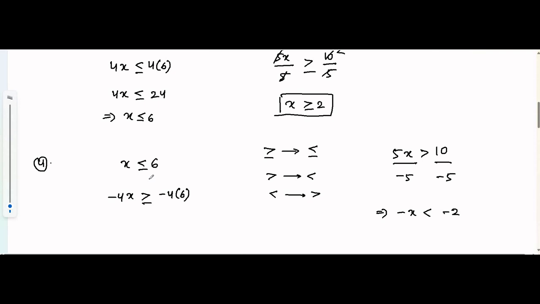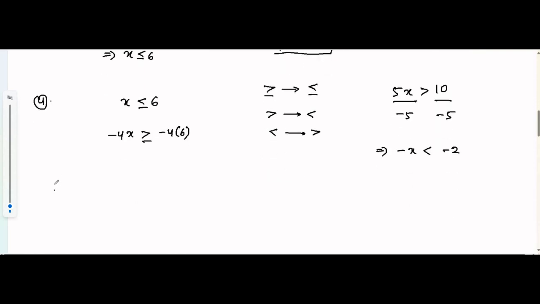Then another rule, rule number 5. Let's say we have an inequation like this: minus x greater than 5.